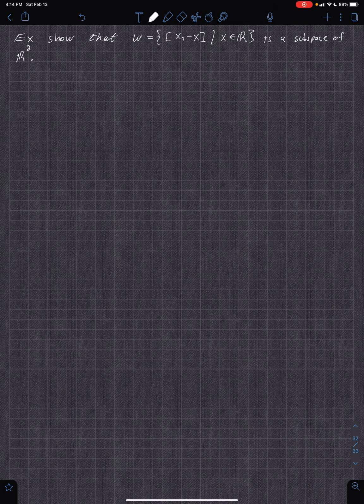So let's let u equal a, negative a, and that vector is clearly in W, and let's let v equal b, negative b, and that vector is clearly in W. And then you have to show both steps.